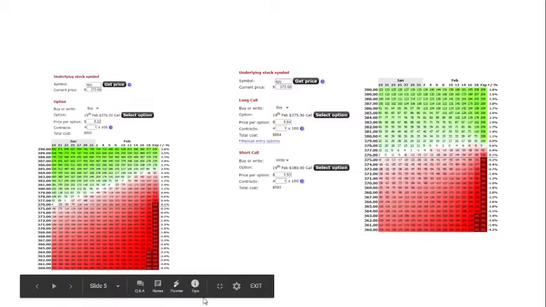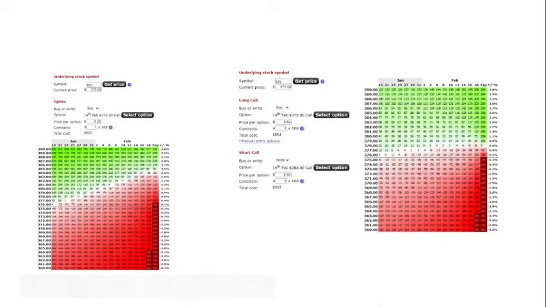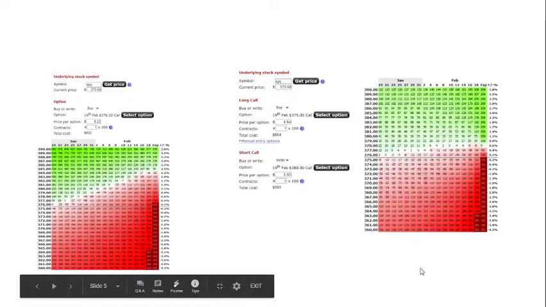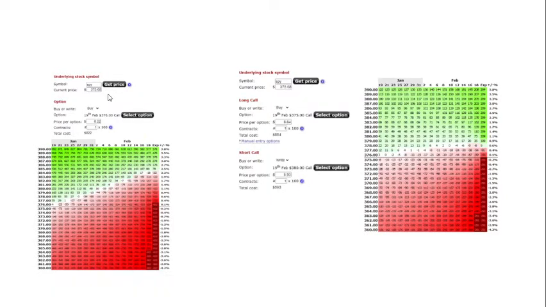So this is just an example of two different contracts, one a naked and one a debit spread, to show you why I do spreads. If you look here, this is just SPY, an at the money strike, 376.